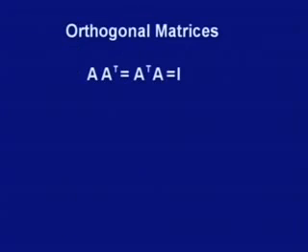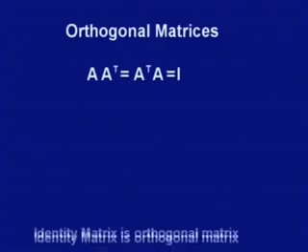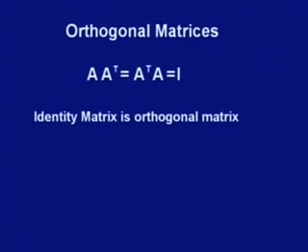Now after this I introduce orthogonal matrices. Orthogonal matrices are used extensively in mathematics, and we define a square matrix to be orthogonal if it satisfies this property, that is A and A transpose, if they multiply together they give us the identity matrix, that is A transpose A is equal to I. This property is actually satisfied by the identity matrix.